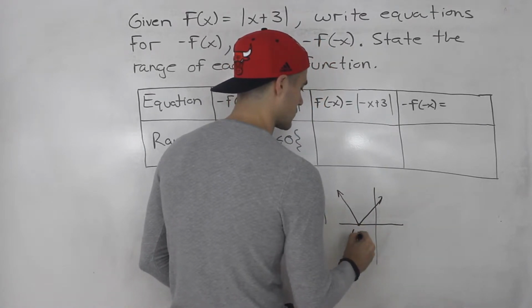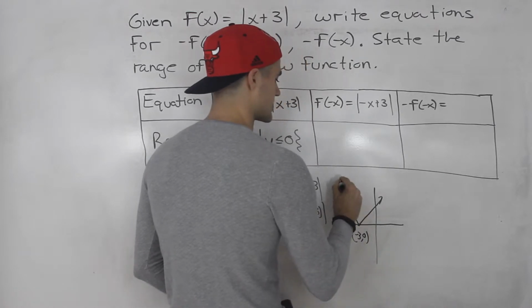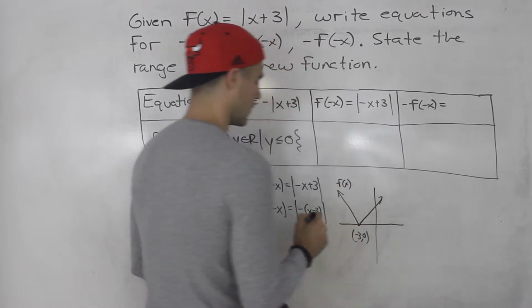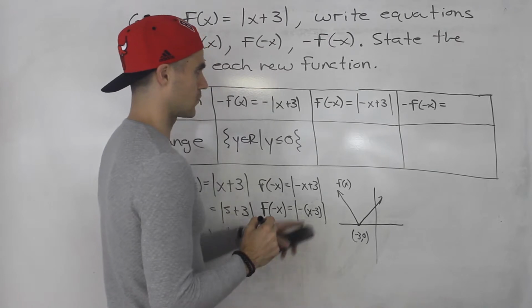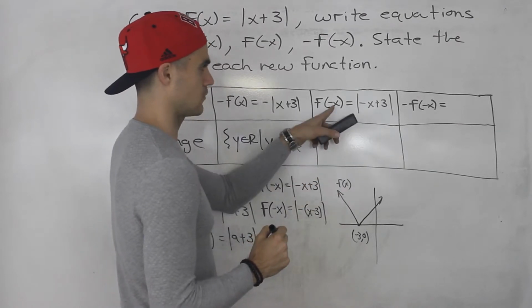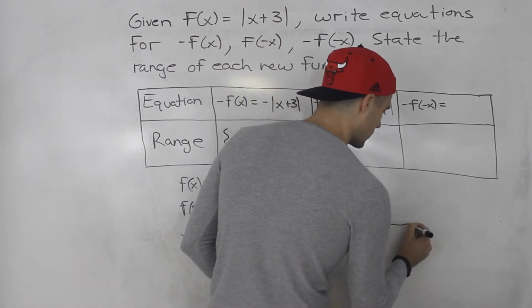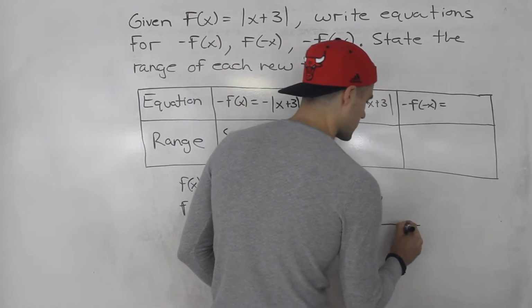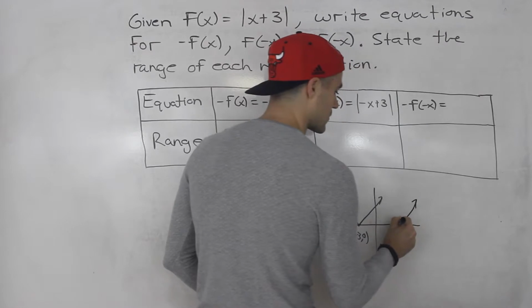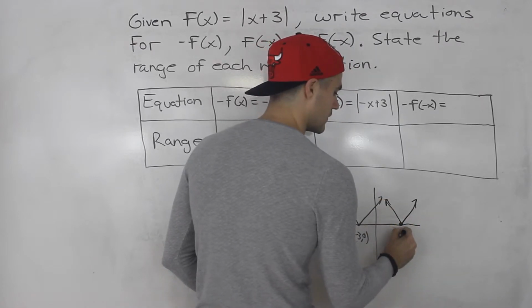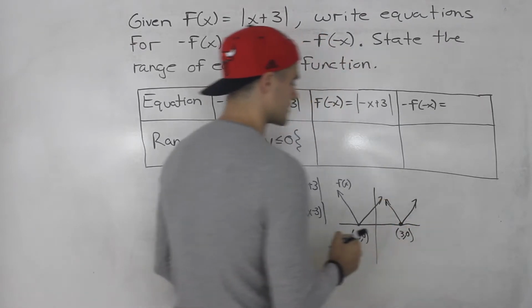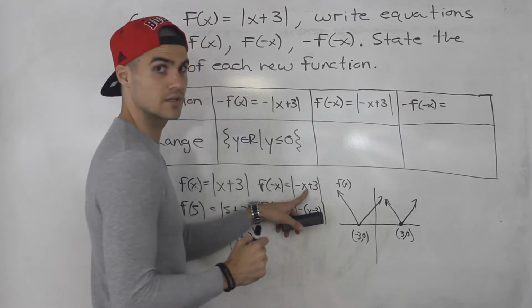So if we draw out the parent function again, this is negative 3, 0. So this is f of x, right? Well, what are we doing here? We're taking f of x and we are reflecting it in the y-axis. So now the function is going to be here at positive 3, 0. That's how this function is going to look.